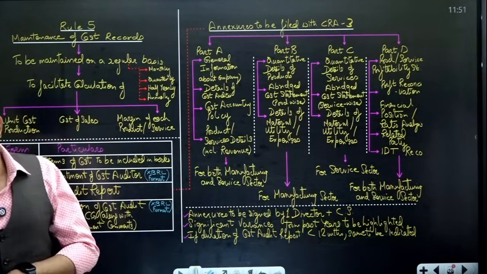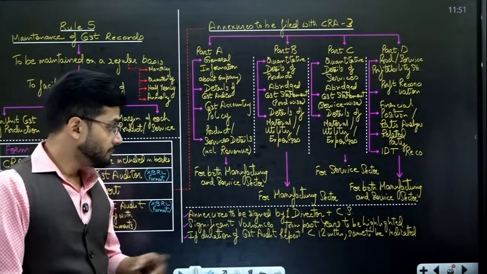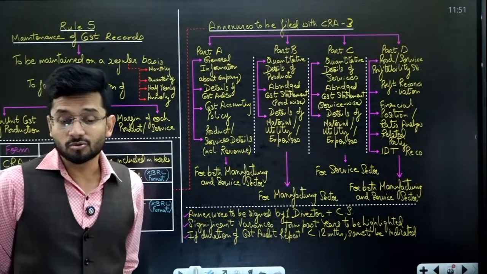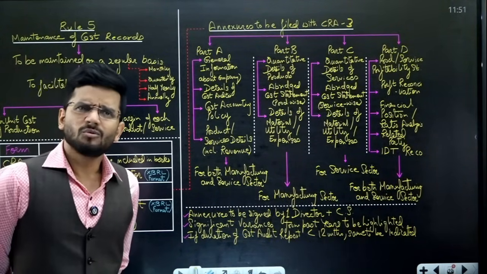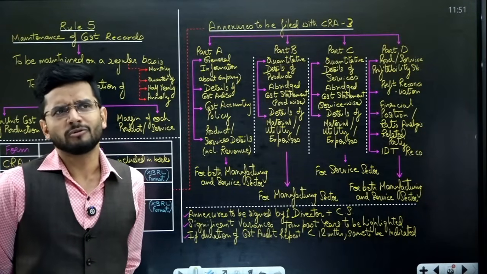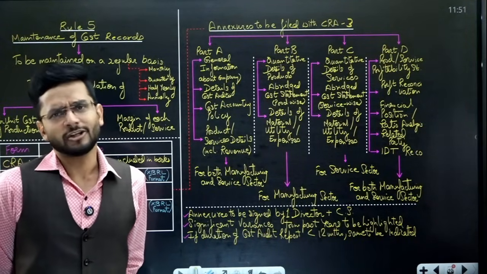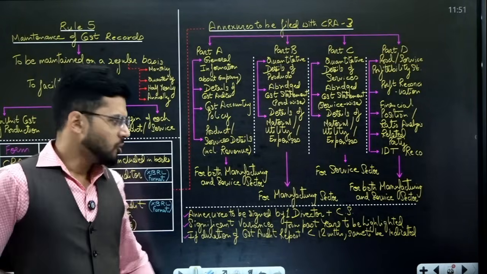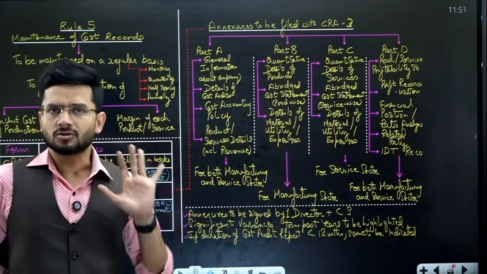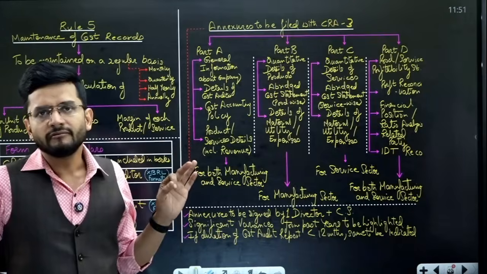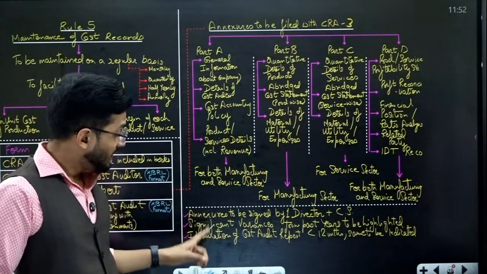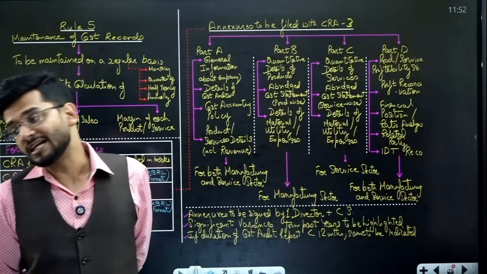So sometimes cost audit report is prepared for less than 12 months. Okay. At that point in time, this should be indicated in the cost audit report. Now, I want you to answer me, how and why will we prepare cost audit report for 9 months or for 10 months or for 4 months? Why would we do that? We always prepare audit reports for 12 months. 12 months is the standard financial year, which is acceptable in Companies Act also, Income Tax Act also. Why will we prepare cost audit report for less than 12 months?